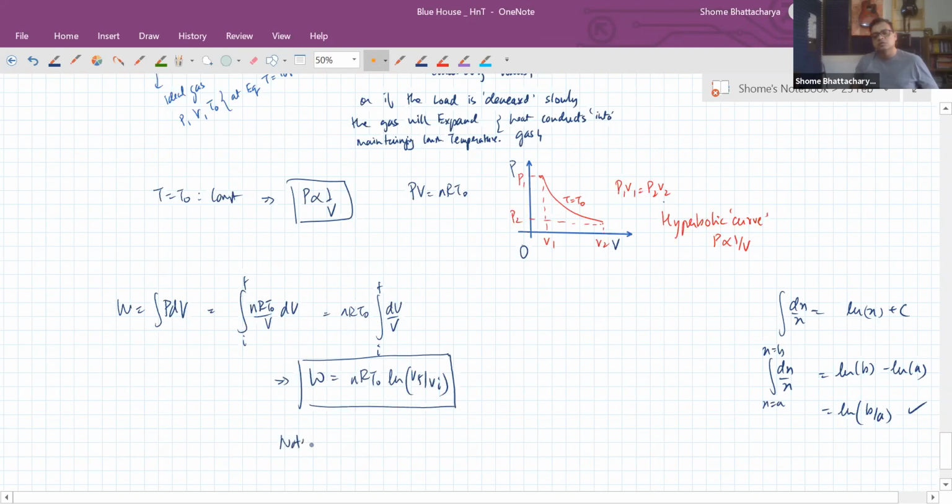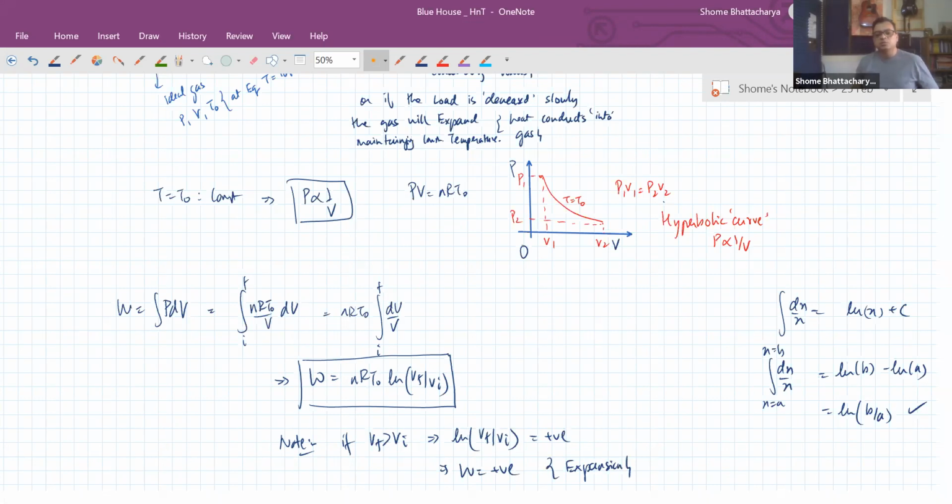You can see that if V final is greater than V initial, then ln V final by V initial will be positive. So work done will be positive because it is an expansion.